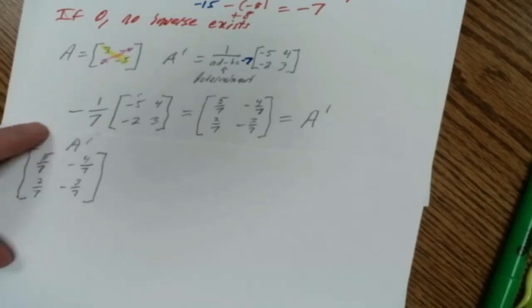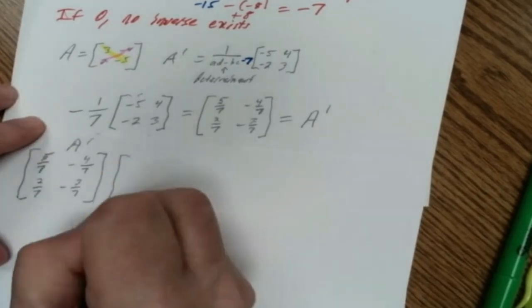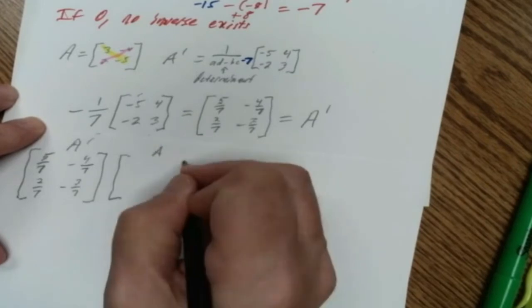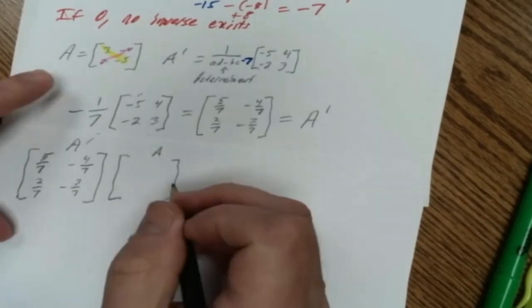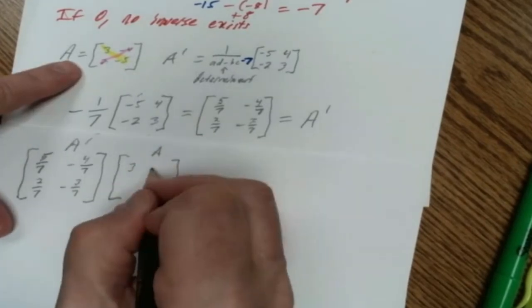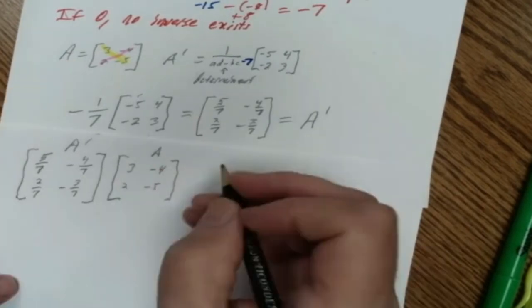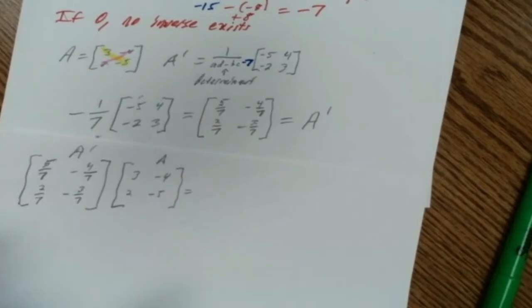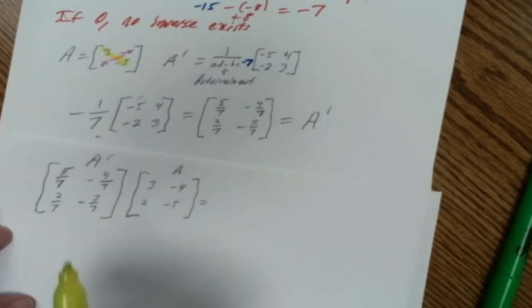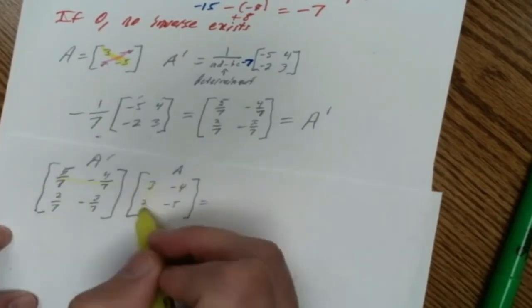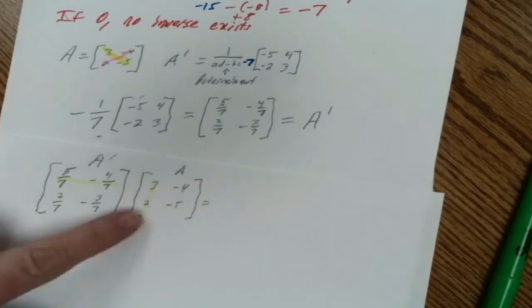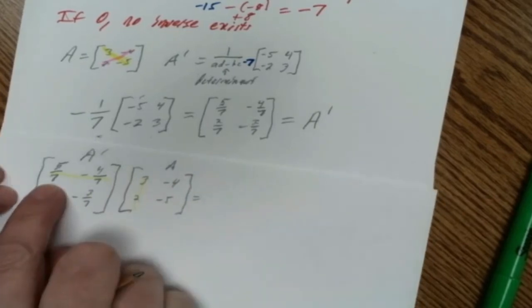There's our inverse matrix. And we're going to multiply it by our original matrix, which up here was 3, negative 4, 2, negative 5. So what does that equal? Remember, when we multiply matrices, first we multiply the first row by the first column.